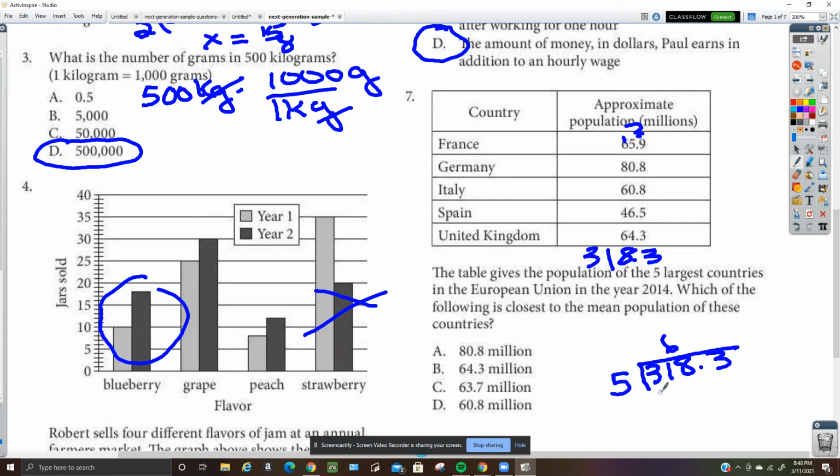Get a 6 here. 3. And then the 6. And so I don't have to go any further. So this is going to be a digit greater than 5 there.